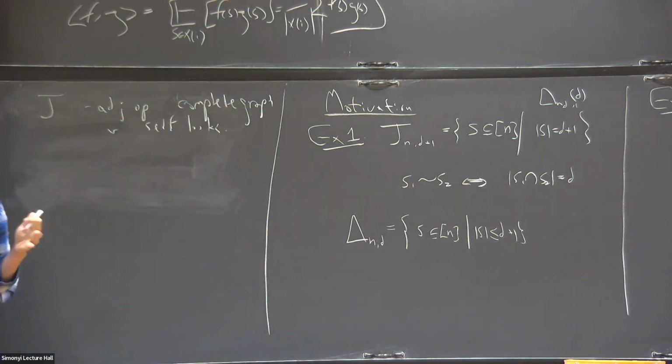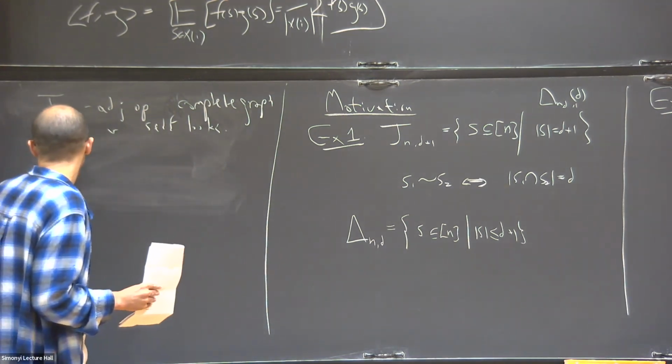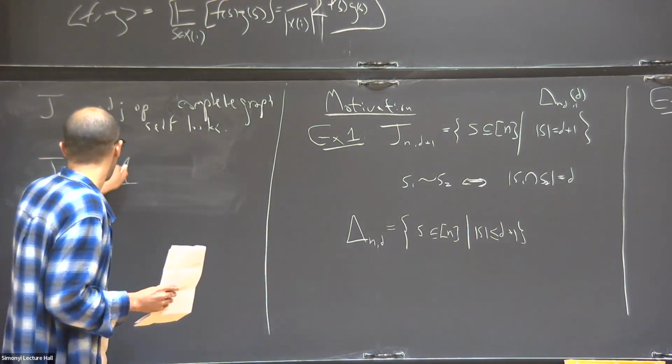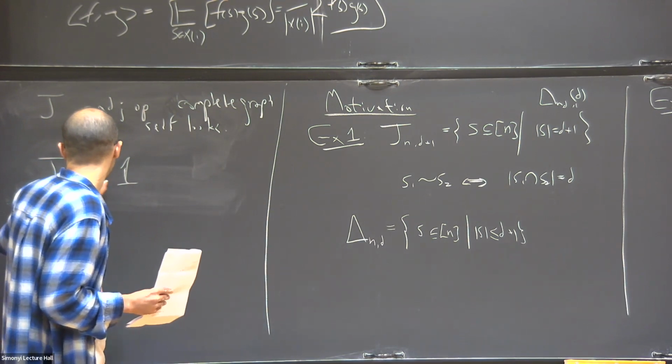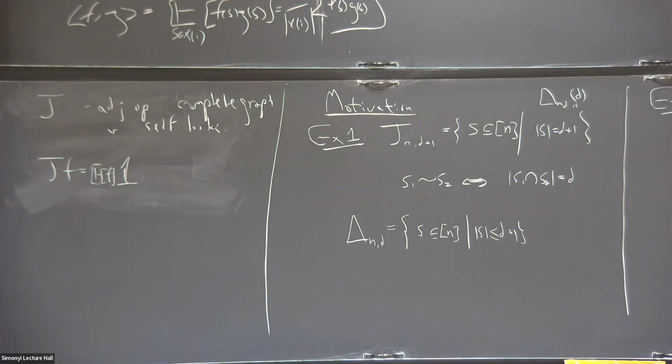Okay, so what is this adjacency operator? You get a function and now you average out over the neighbors, but everybody is a neighbor. So J applied to F will just give you a constant function, which is the projection of F to the constants.